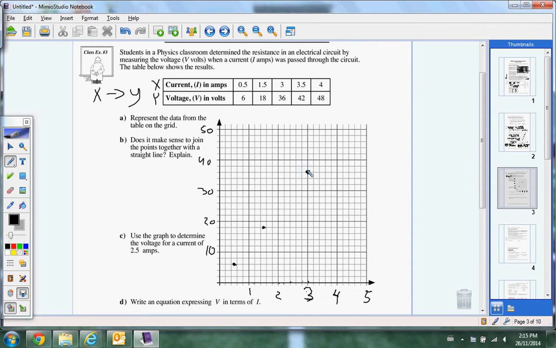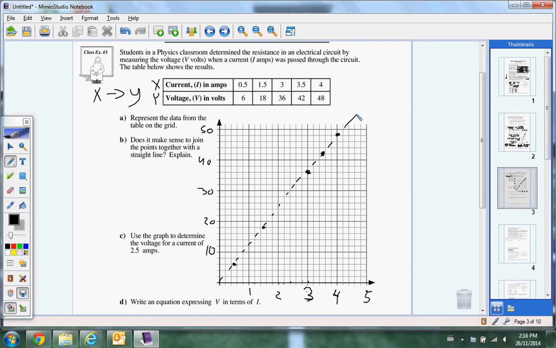Right there. 3.5, I'm at 42. Right there. And at 4, I'm at 48. Right there. So you can see we have a pretty good line here.